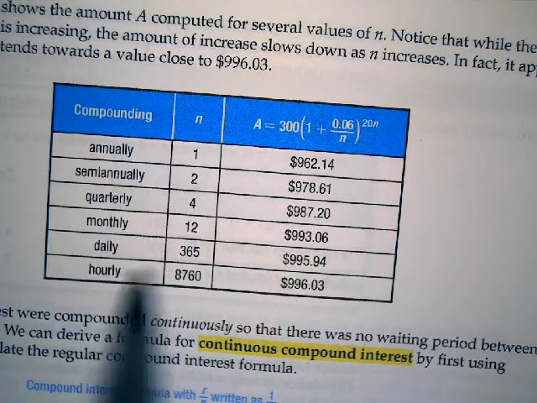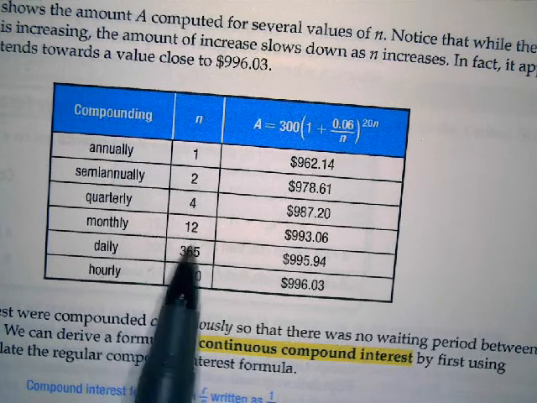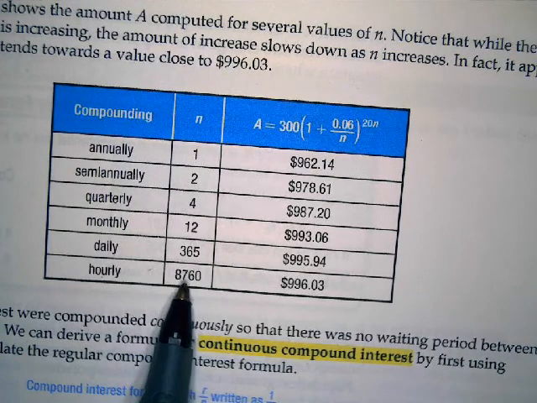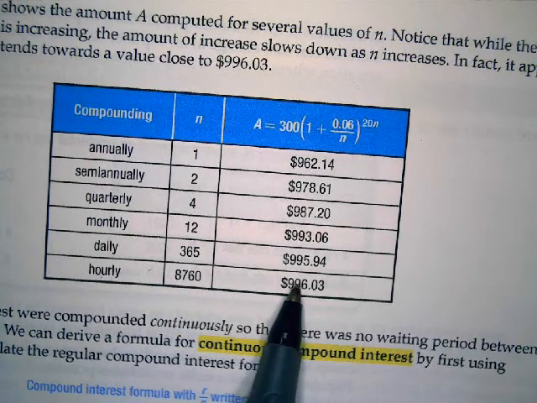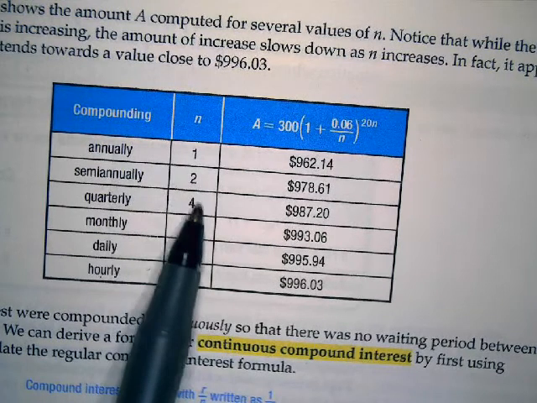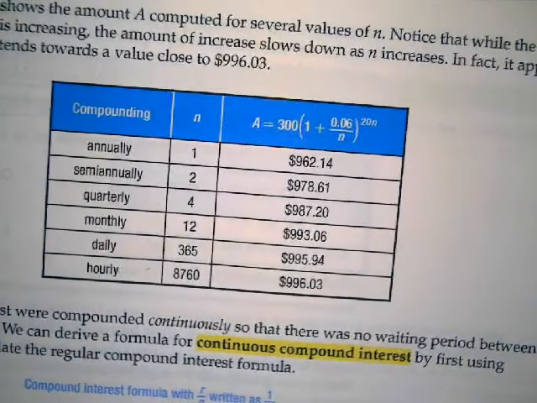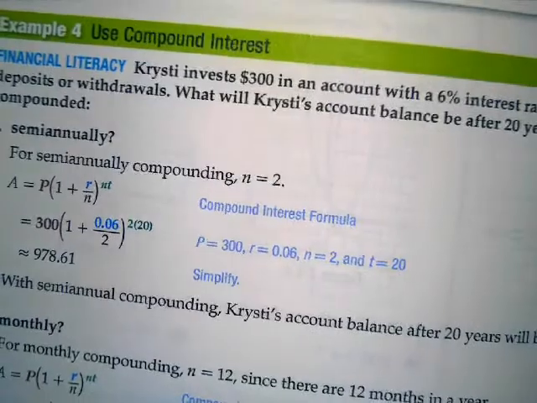There's 24 hours in a day, 24 times how many days? 365. 24 times 365, I bet that's what it is. So that's why you're getting these different answers, because there's a different value of n. So you got to read the problem.